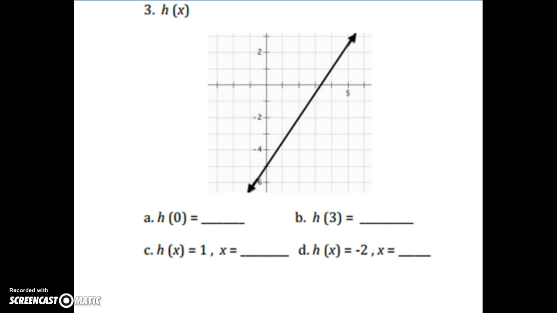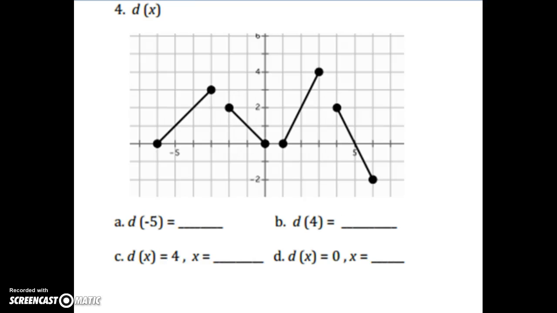And one more. I think I'm going to skip to number 4, because this one's a little bit harder. If we go to negative 5 for x, so I'm at negative 5 for x here, to get to the line or the graph, we got to go up 1.